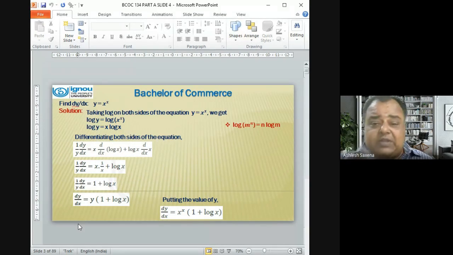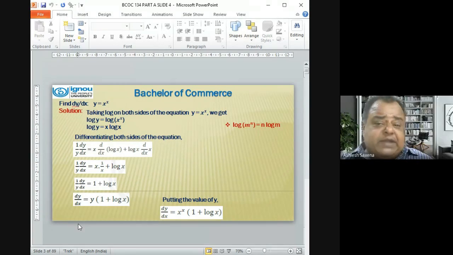And on the right hand side, we have two things in product. First one is x, second one is log x. So that means we have to apply the UV method. In that case, x will be written as it is, we will be differentiating log x, plus log x into differentiation of x.